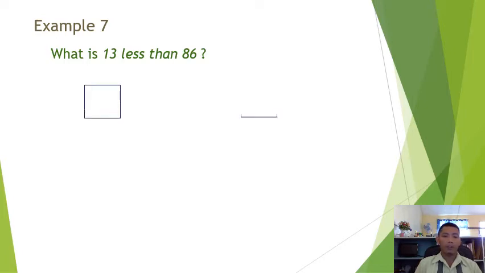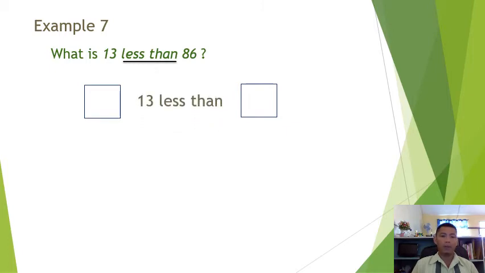So we will use two boxes. We're comparing two numbers, which is the bigger and the smaller. So here, the underlined word is less than, meaning the number is less than 86. So we will put 13 less than in the middle. And for the second box, it's 86. So we will look for the number.